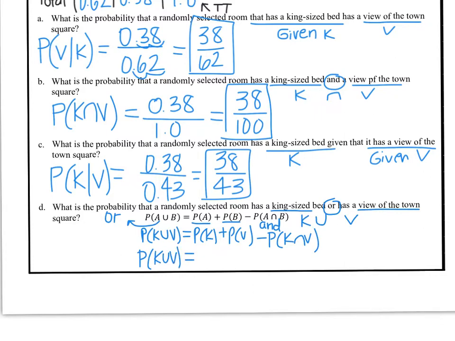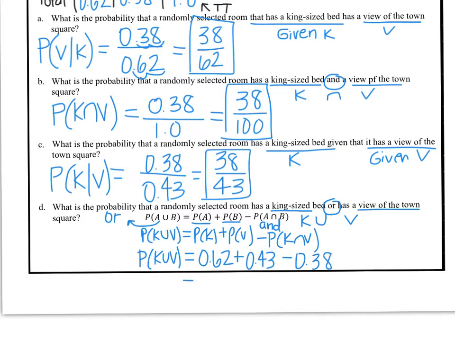Well, we know that the total probability of having a king size bed is 0.62. That was given in the word problem, plus the probability of having a view is 0.43, minus the intersection, the and. So the and we found right here was the 38. So 0.38 we're going to use though. So subtract off the 0.38.